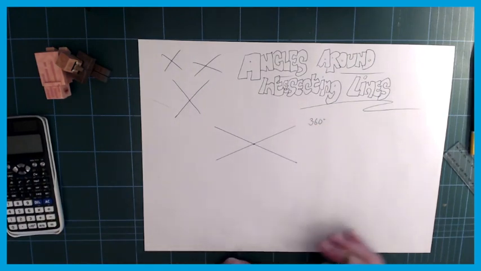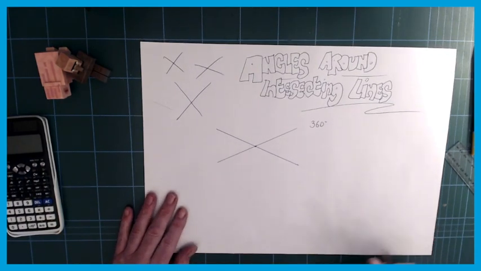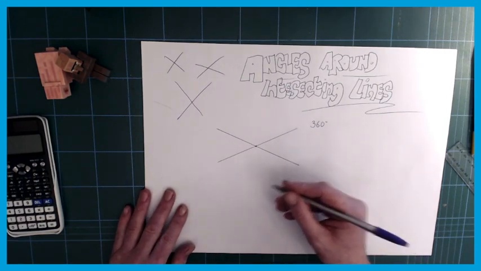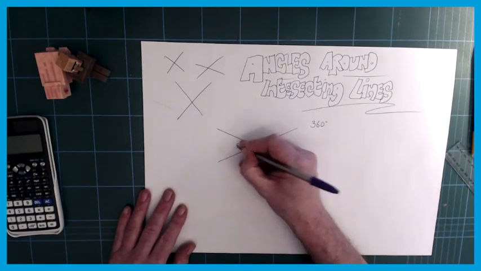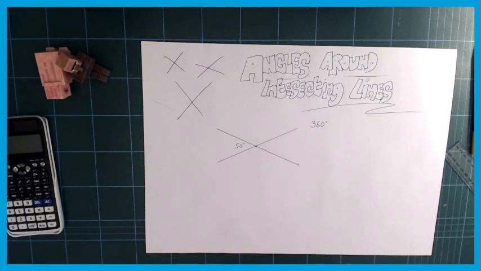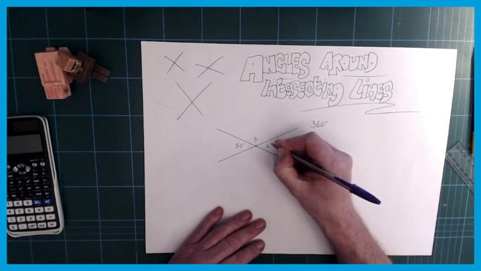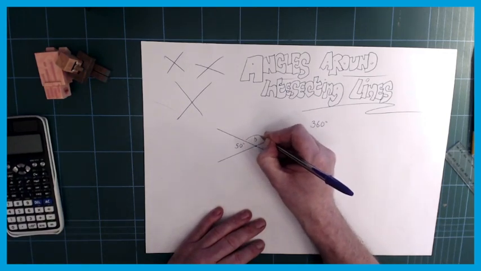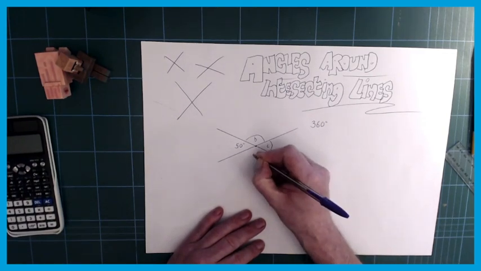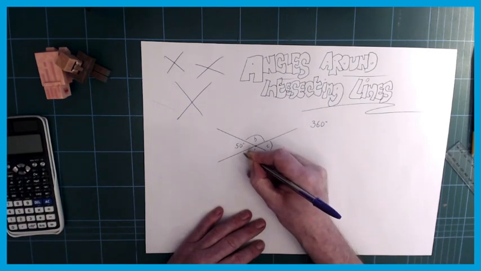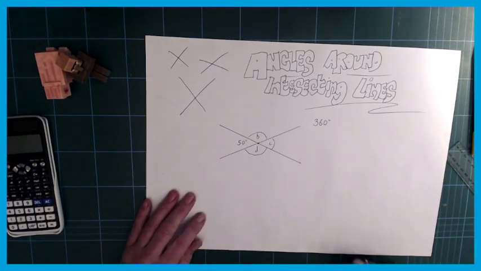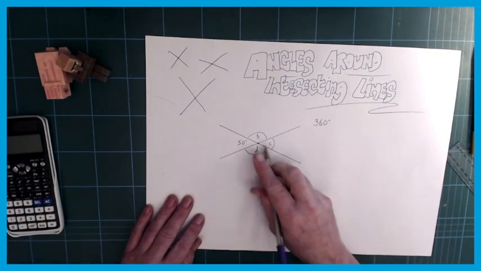Now if we know some of these angles, let's have a look at doing 50 degrees there. And then this is angle B, this is angle C, and this is angle D. And you think to yourself, well, how on earth am I going to work out all these three?